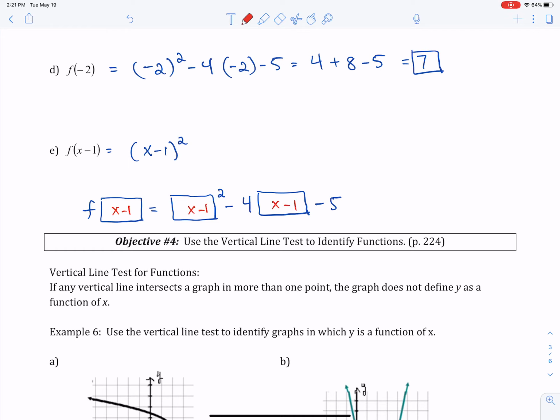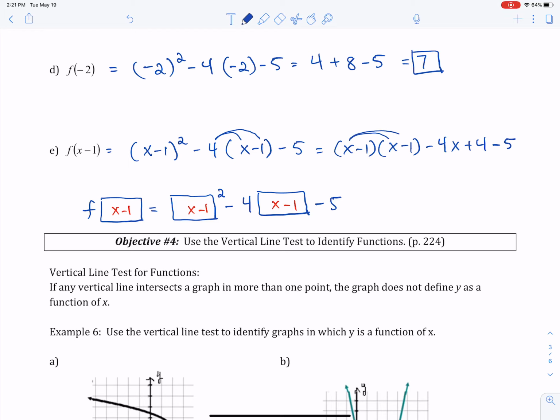So x minus 1 squared minus 4 times x minus 1 minus 5. Notice that x minus 1 squared is the same as x minus 1 multiplied by itself. And here we can eventually factor the minus 4x plus 4 minus 5 and simplify.